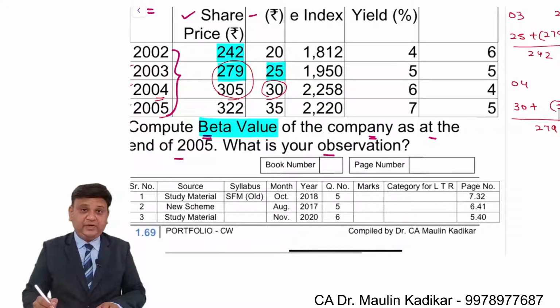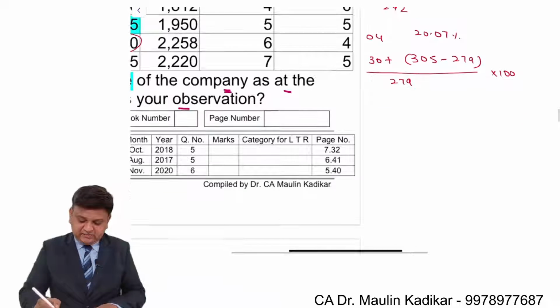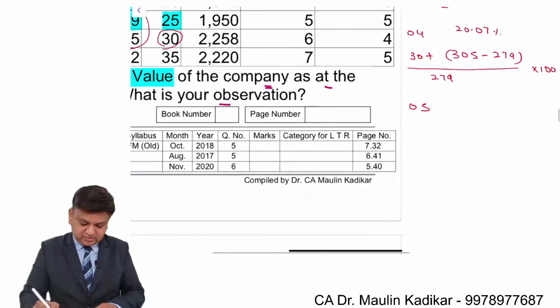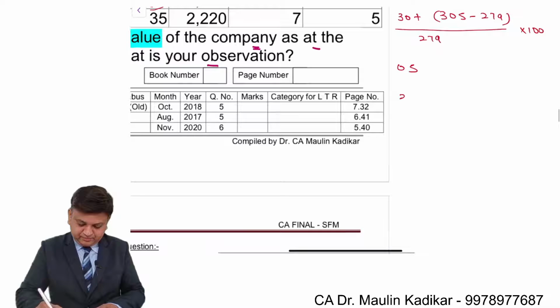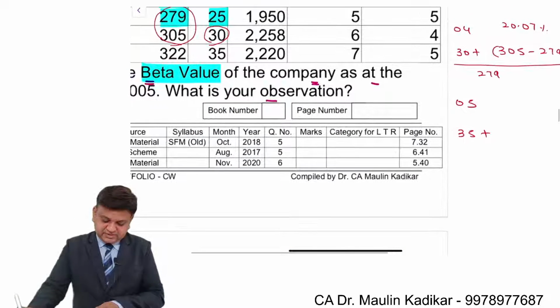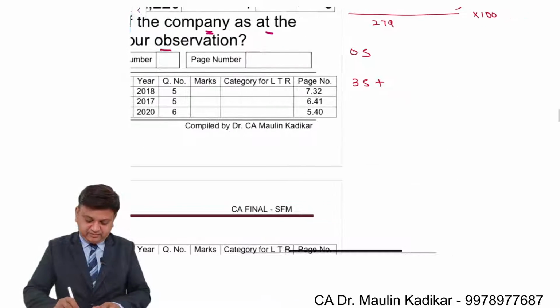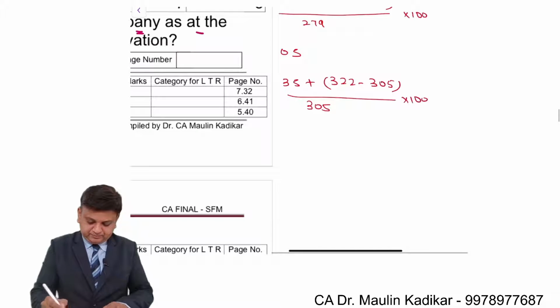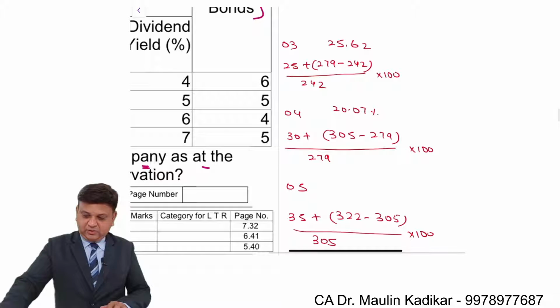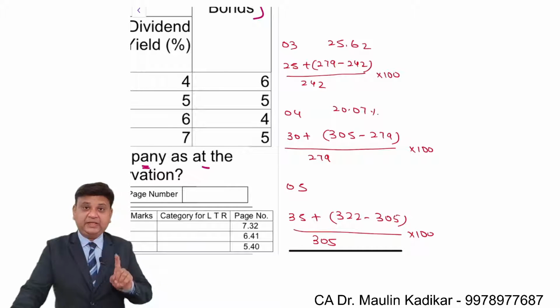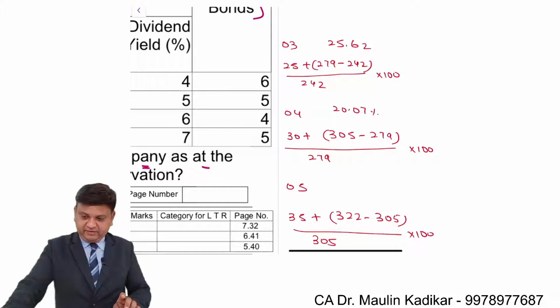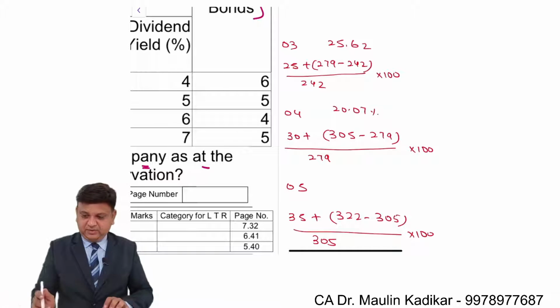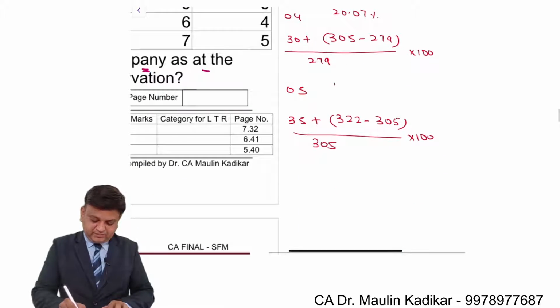For the year 2005, again we are required to make the computation like this. Dividend is 35 plus 322 minus 305, whole divided by 305 into 100. So 322 minus 305 comes to 17, plus 35, divided by 305. That comes to 17.05.